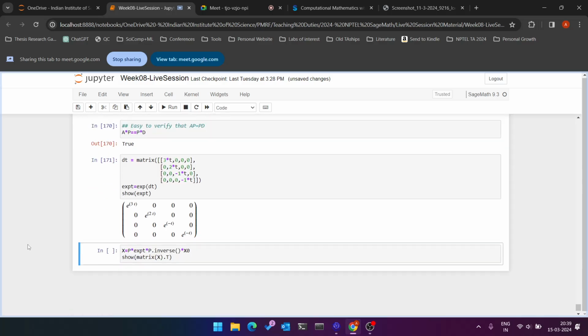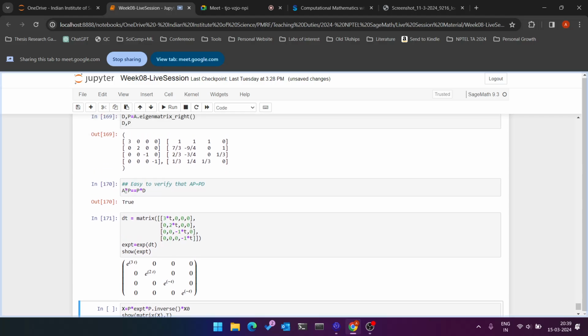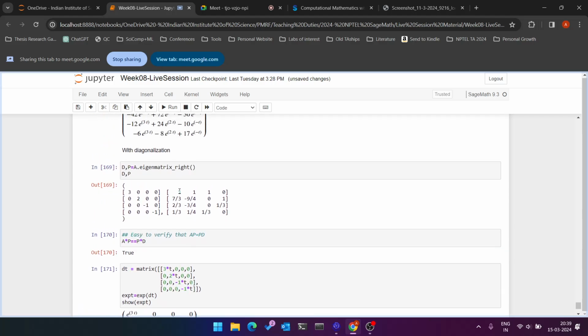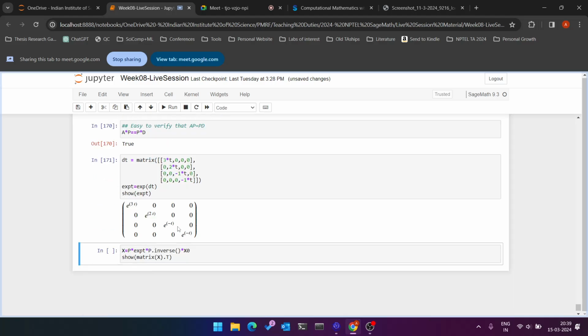And finally, my capital X is basically, since I know dx by dt is equal to Ax, my x is basically P into this exponent matrix into P inverse multiplied by my initial condition.